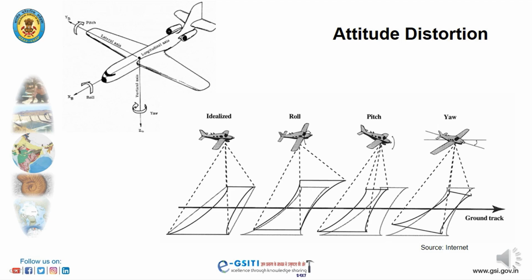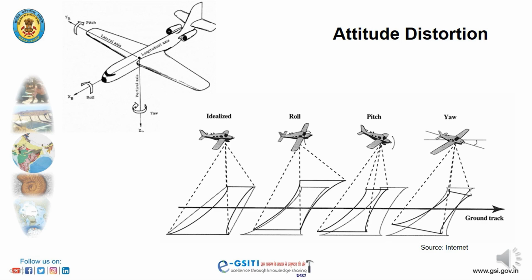What are the attitudes of the platform? It can be classified into different rotation angles around three axes, as you are seeing in this picture: lateral axis, longitudinal axis, as well as vertical axis. We call them pitch, yaw, and roll. The rotation angles of roll, pitch, and yaw are defined as the rotation angles around the flight direction, the main wing, and the vertical lines, respectively.